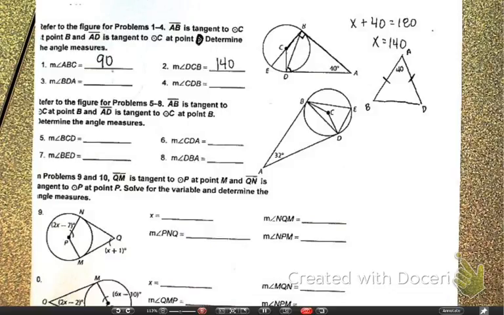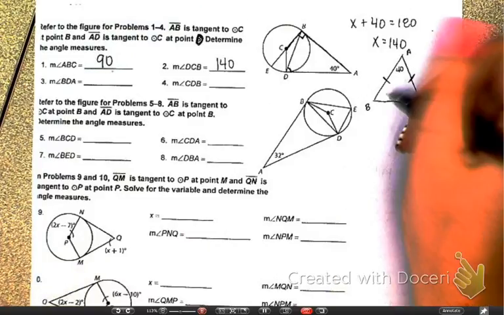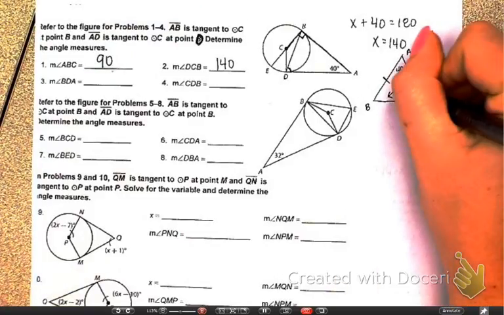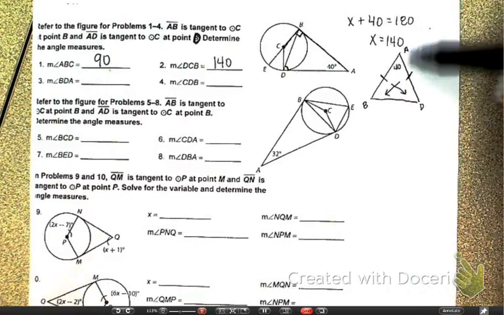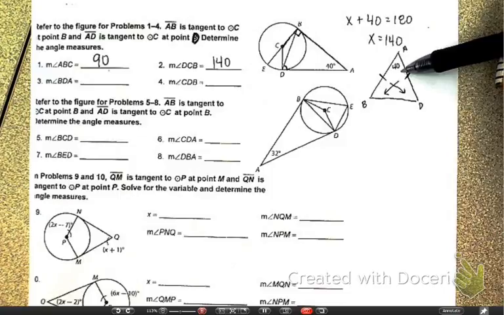Isosceles. Okay, so if two sides of a triangle are congruent, it's an isosceles triangle. Now, if you think back to IM1, there was a definition you got. And it said that if you have an isosceles triangle, the base angles are congruent. So yes, we would subtract 40 from 180 and we'd get 140.